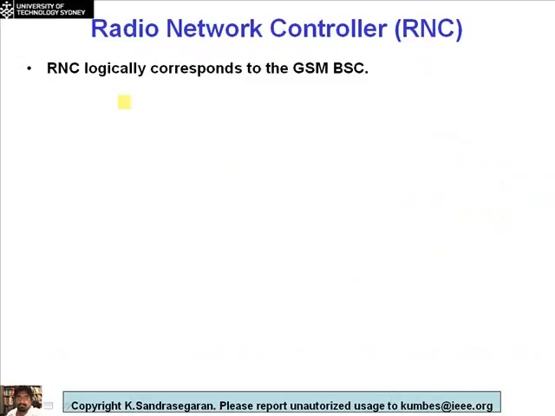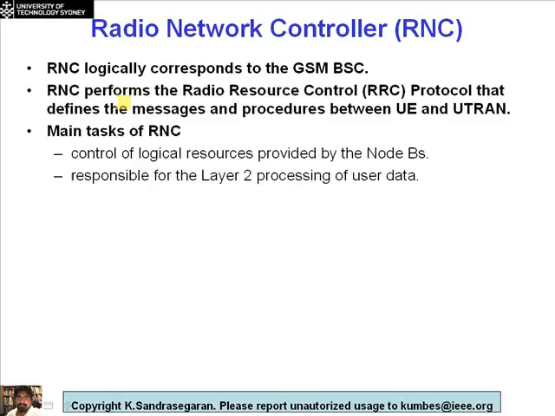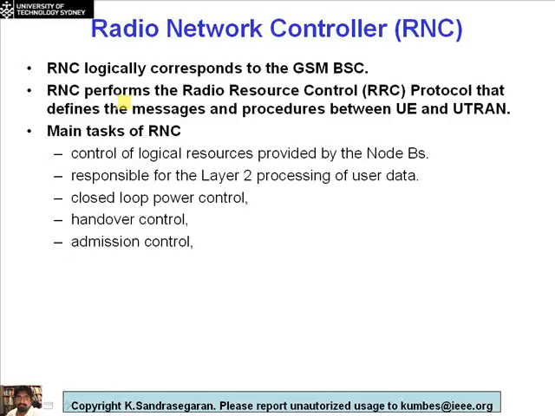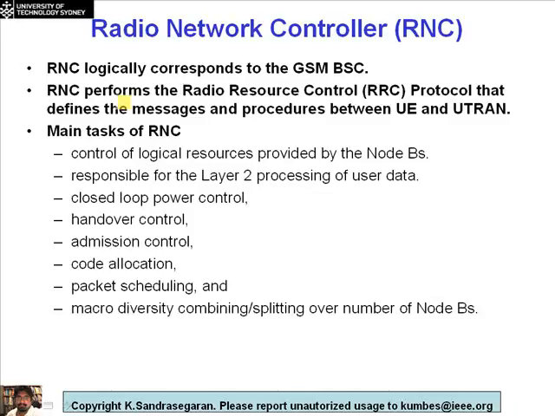So the next thing is the radio network controller. We talked about Node B. The next one is the RNC. So what does the RNC do? If you look at the functions that the RNC does, they are listed below on this slide.